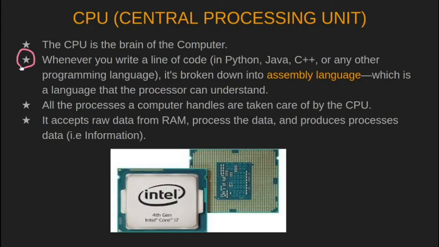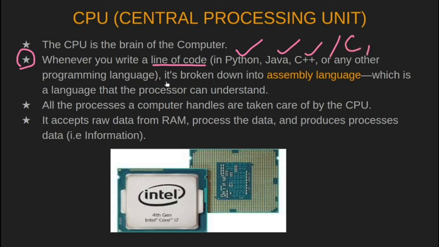Having said that, let's now see the second line. The second line here says whenever we write a program. And what is a program? It's a set of instructions or lines of code using any programming languages like Python, Java, C++, and then there are programming languages like C, Visual Basic.